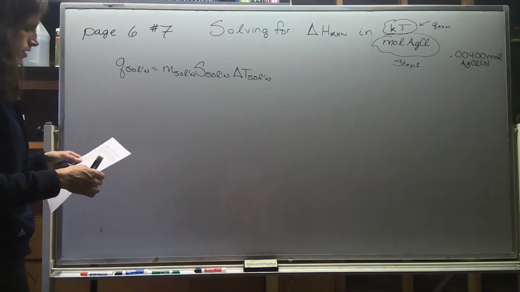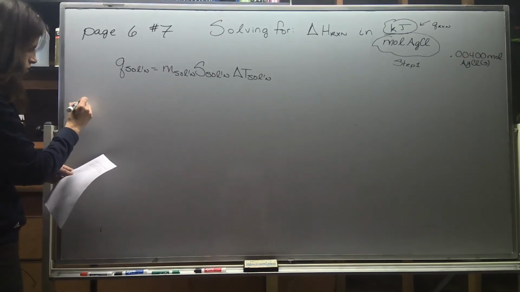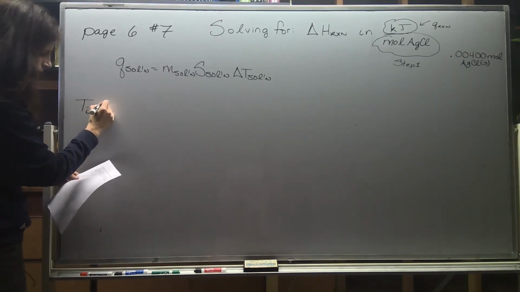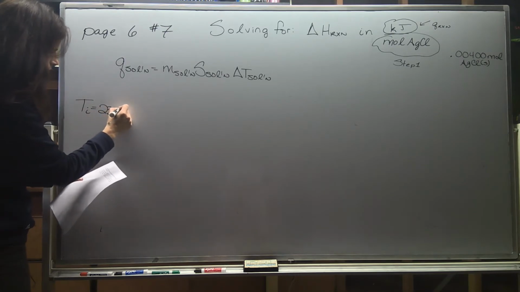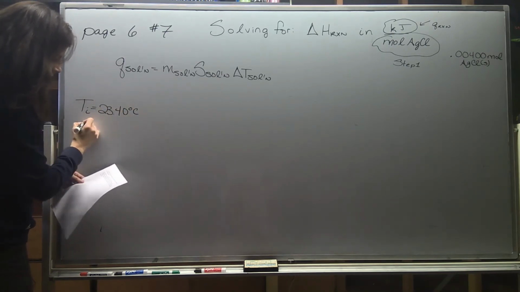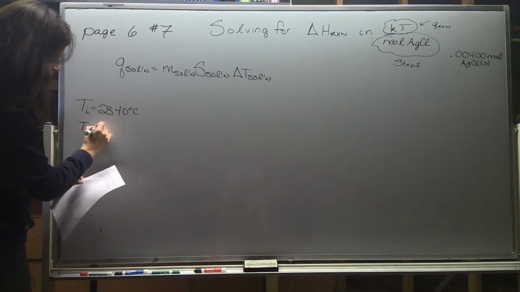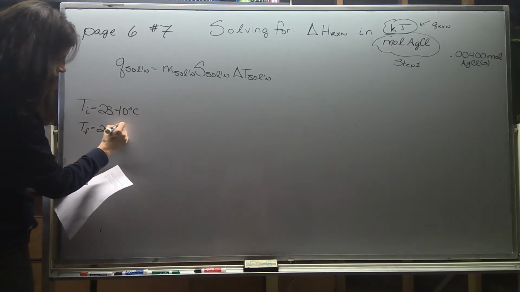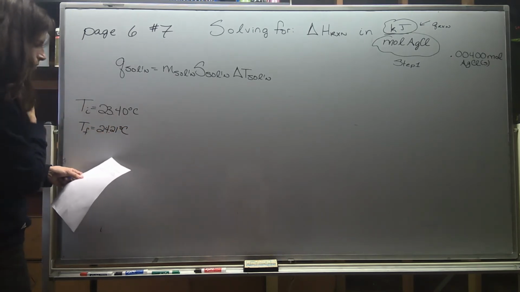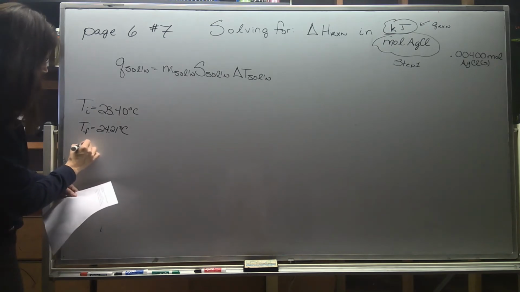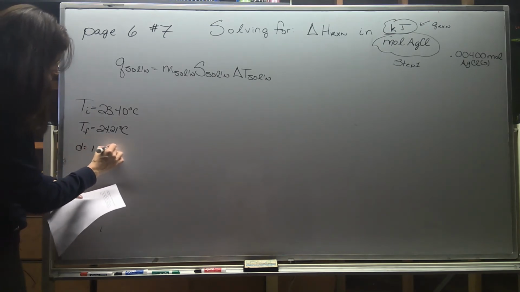So we have T initial as 23.40 degrees Celsius, T final as 24.21 degrees Celsius, and we have a density of 1.00 grams per mil.